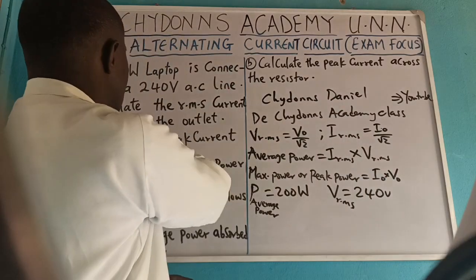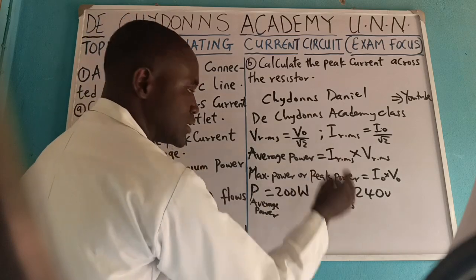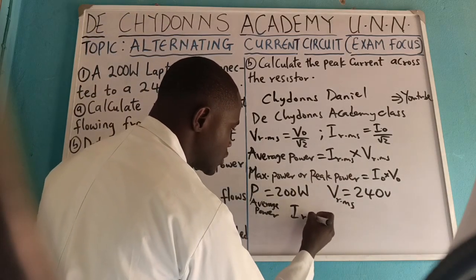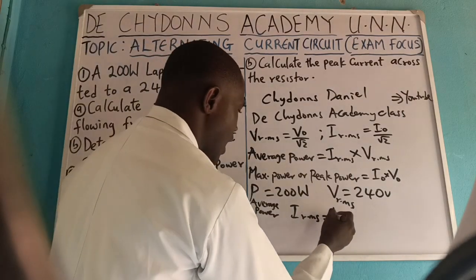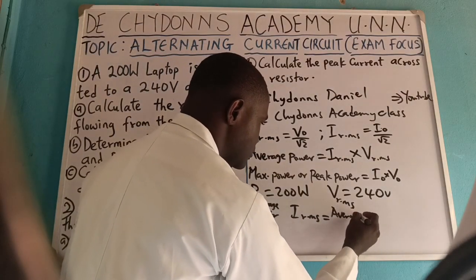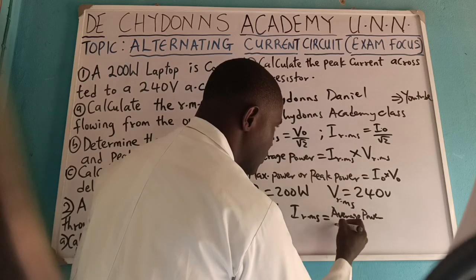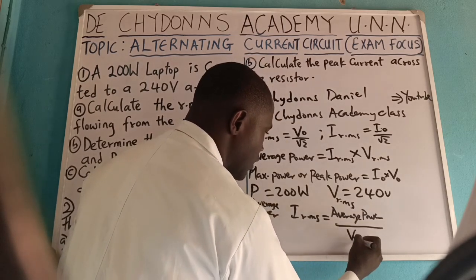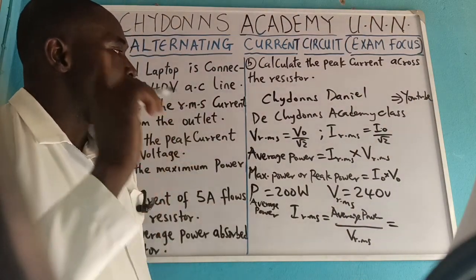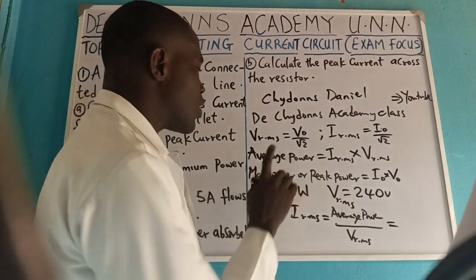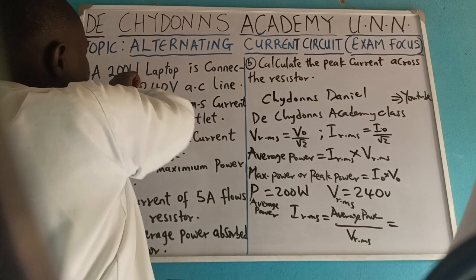That means root mean square current, I rms, will be equal to average power divided by V root mean square voltage. And what is your average power? They gave it to you to be 200.